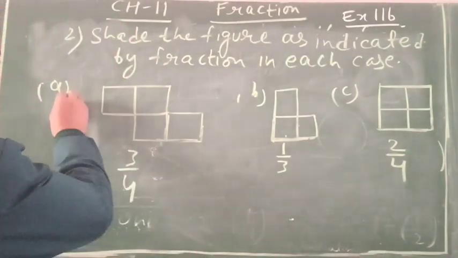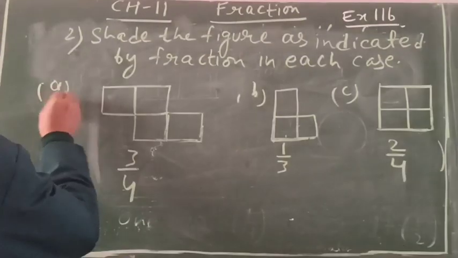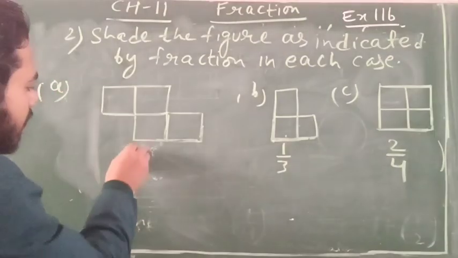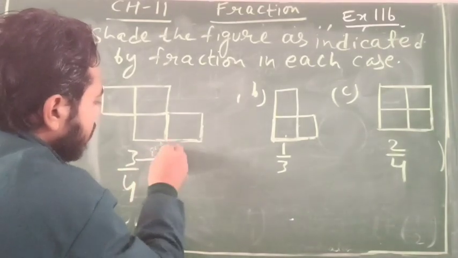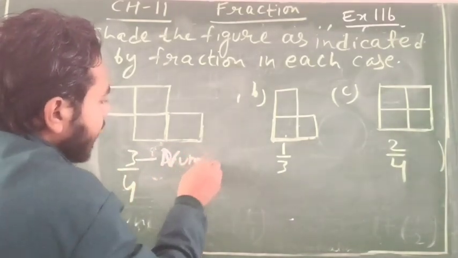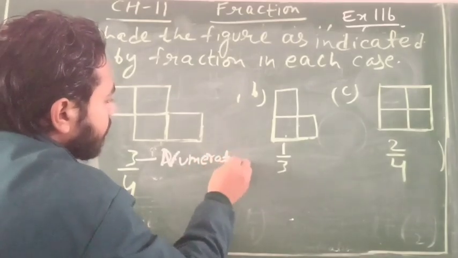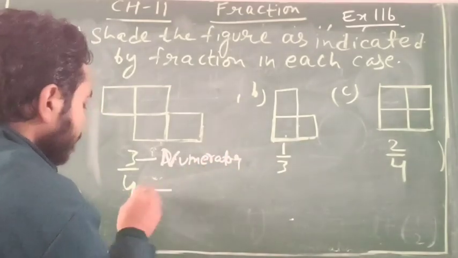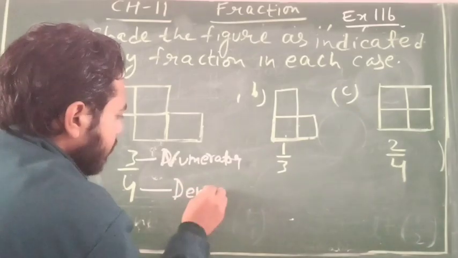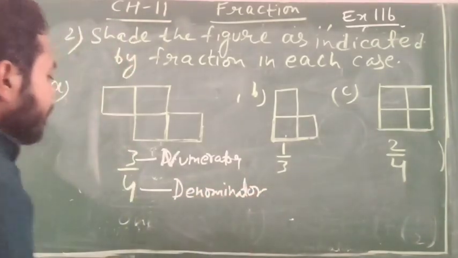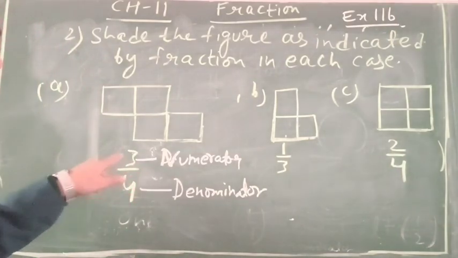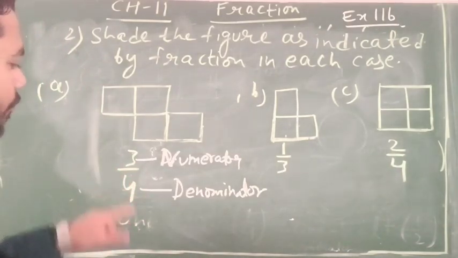Let's take the first question, that is 3 by 4. You all know that the upper part is the numerator and the lower part is the denominator. So the numerator is 3 and the denominator is 4.